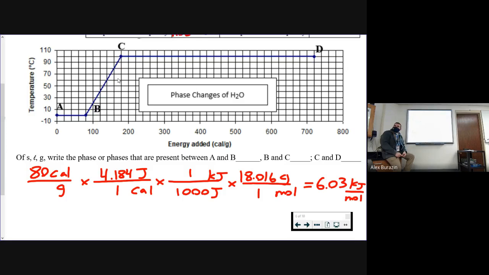Because again, you know how to do the other ones, right? We know how to get from calories to joules to kilojoules. That's this. Grams to moles, that's that. How do I switch my denominator from degrees Celsius to Kelvin? What do I need to do?